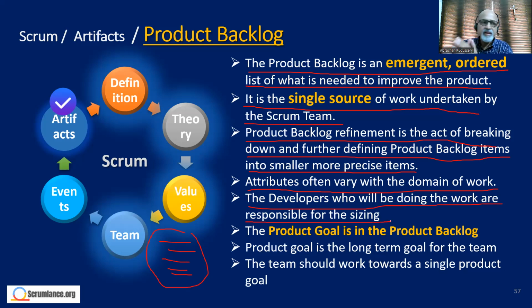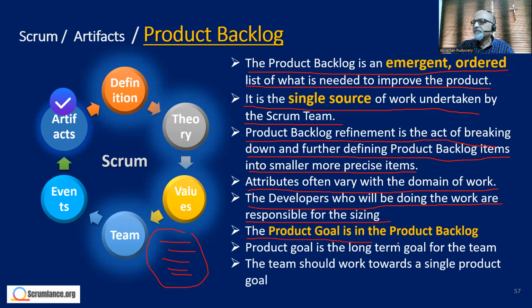This is one area which needs to be focused on, because very often when we start Scrum, the estimates are done by the Scrum Master and thrust upon the team. And here, it is very explicitly mentioned that the sizing or the estimation of the product backlog must be done by technical people, the developers who understand it.